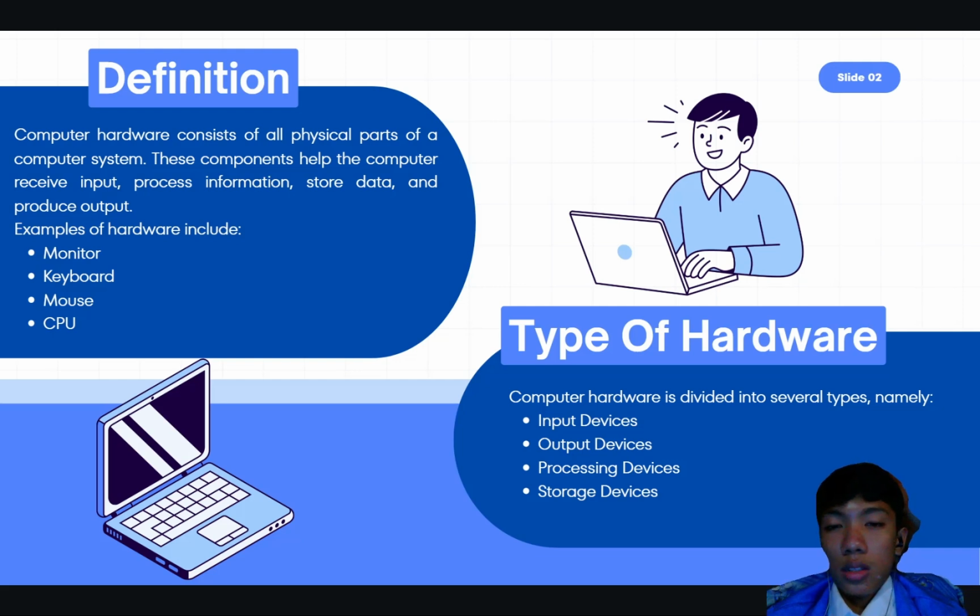Output devices display information to users. Processing devices handle calculation and instruction. Storage devices keep data and files for future use. Together, these devices help the computer perform different tasks efficiently.